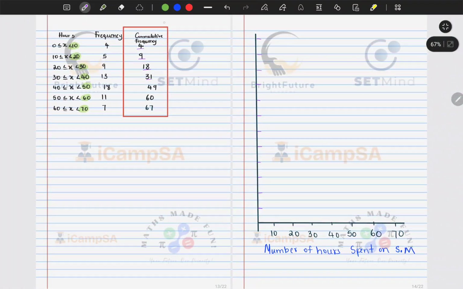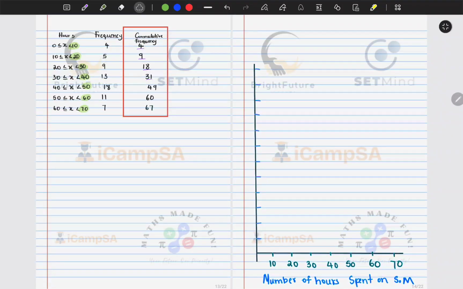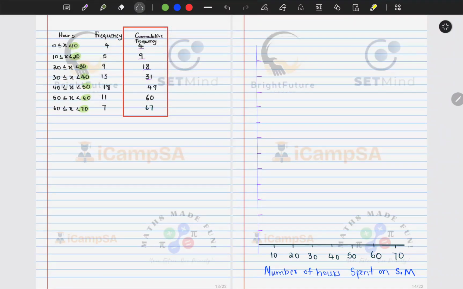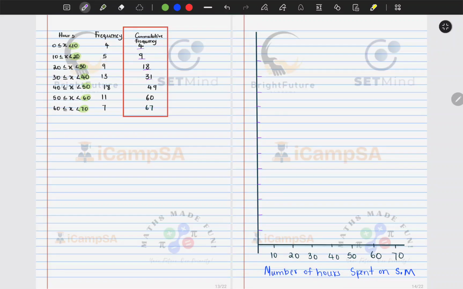Then I need up to 67. Okay, so we're at 60 there. So let's move up. So 60, that becomes 65, and the last part becomes 70.